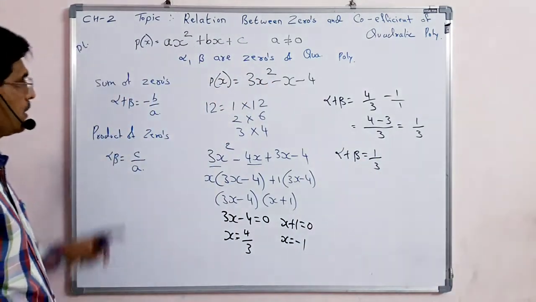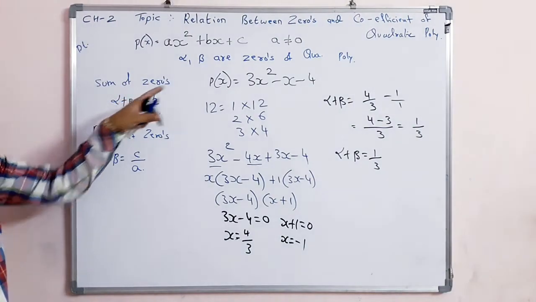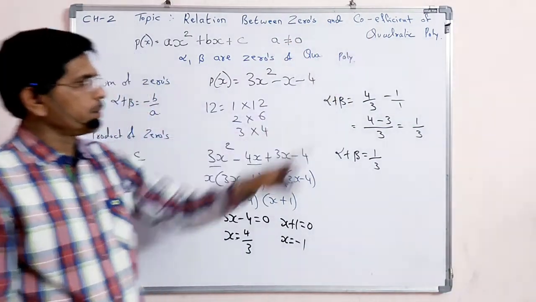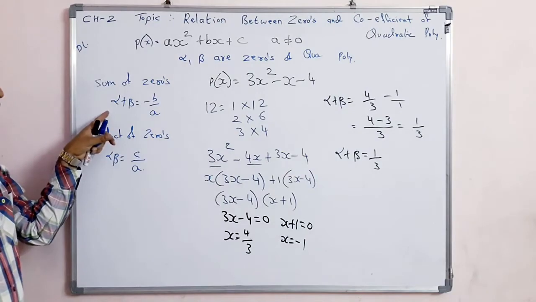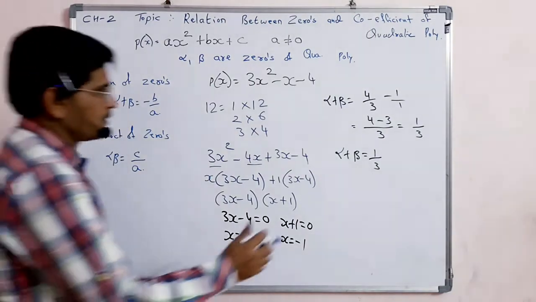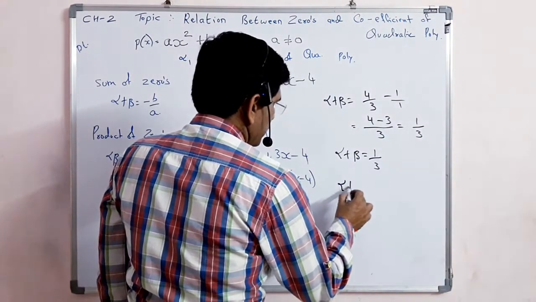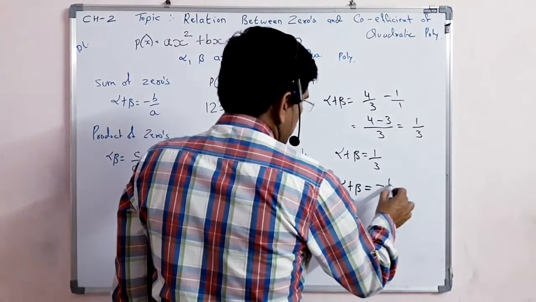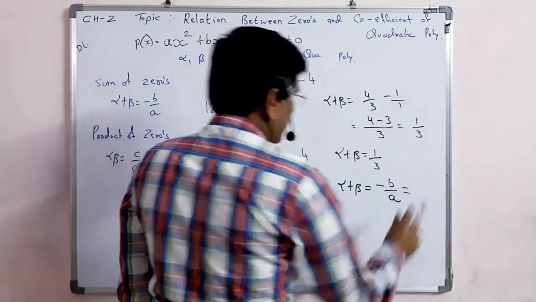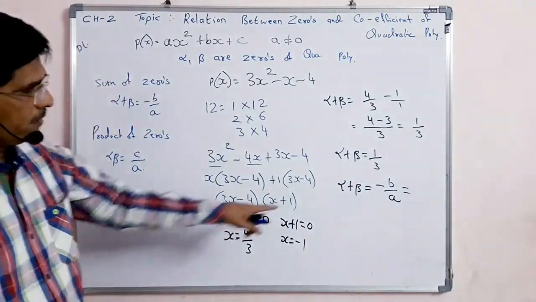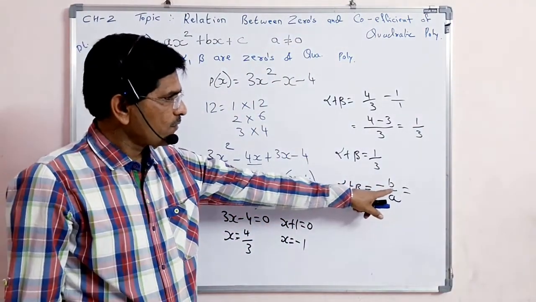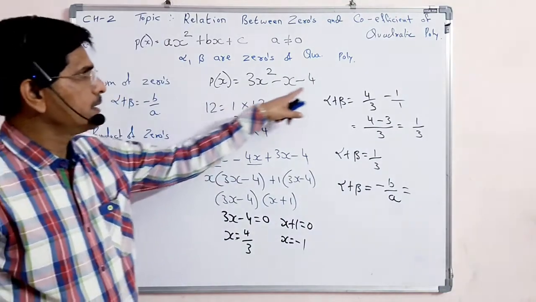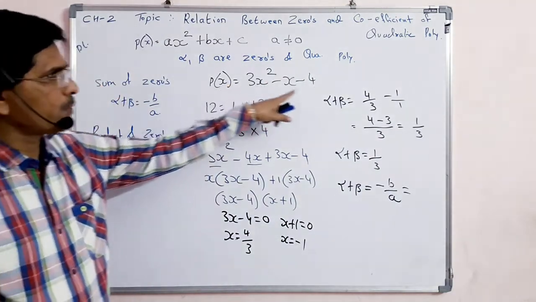Now we compare with the formula for the sum of zeros using the coefficients: alpha plus beta is equal to minus b by a. We have to find the value of b from the quadratic polynomial.